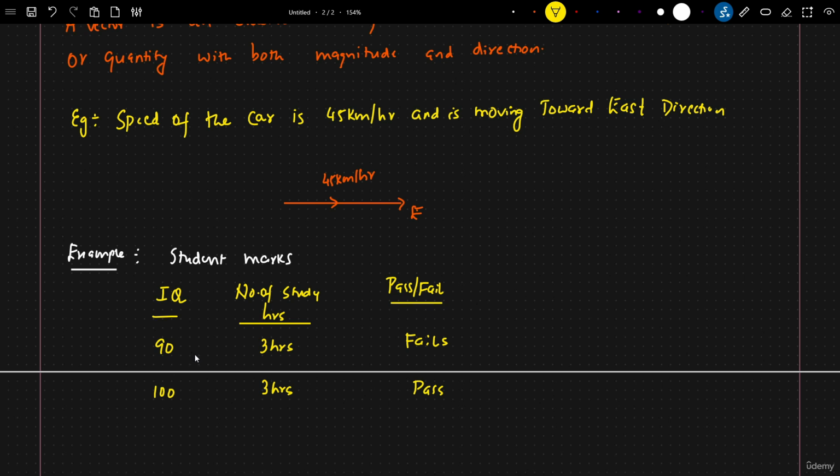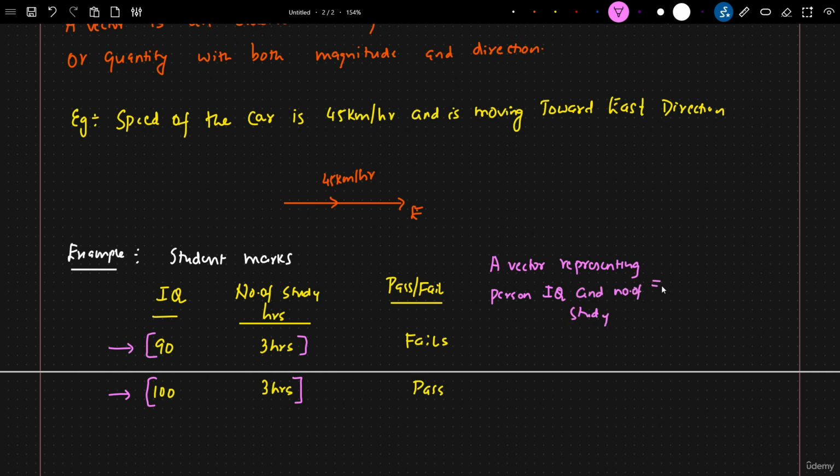Okay, now let's consider every record over here, and let's just consider these two features: IQ and number of study hours. Now if I consider this as an example, I can say a vector representing a person's IQ and number of study hours.